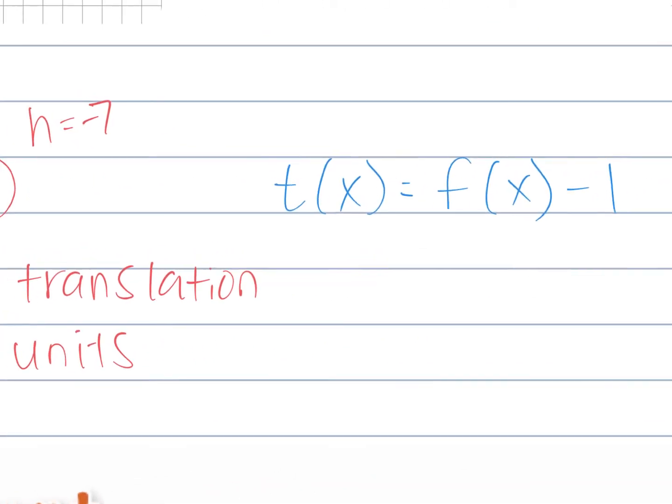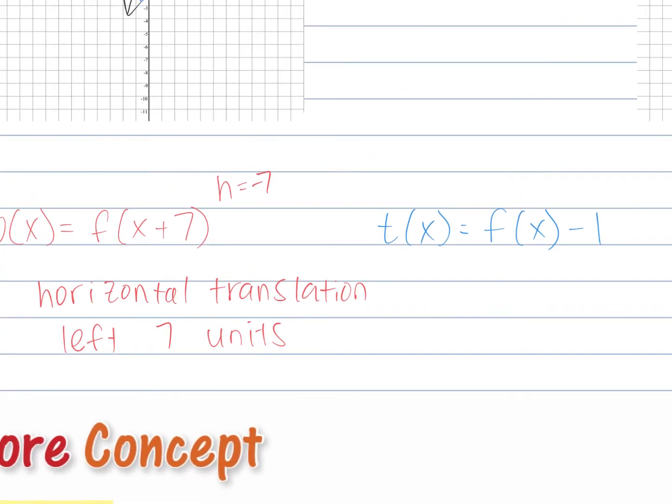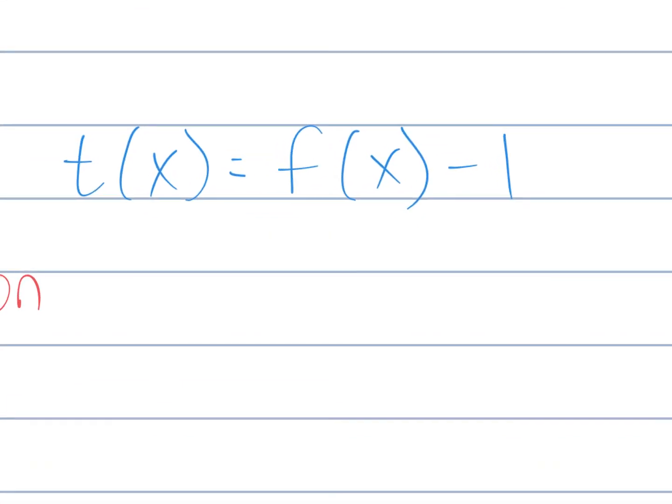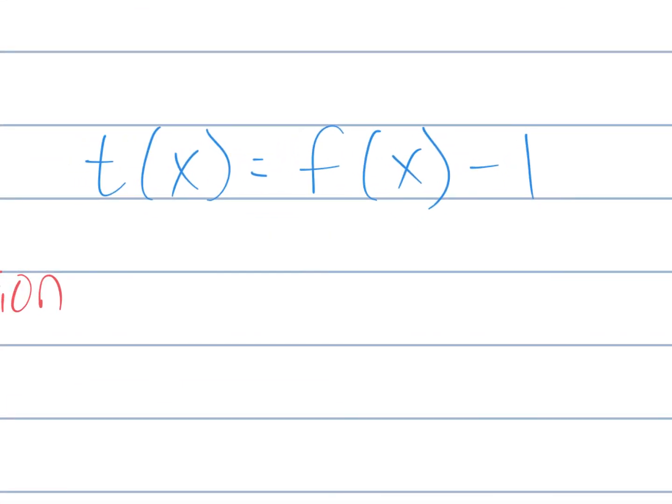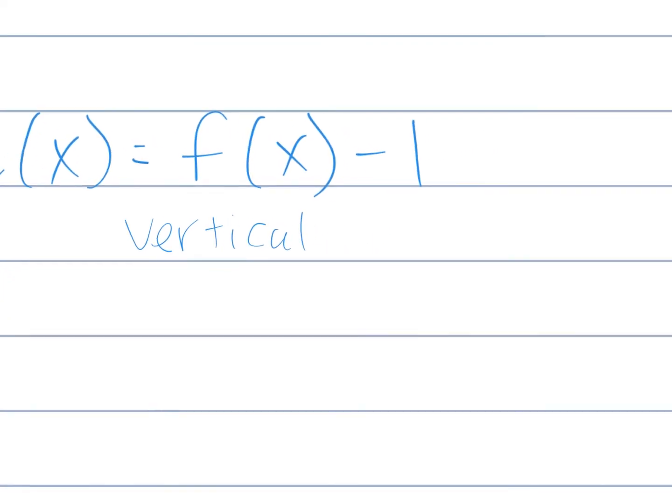Now, in the blue one, are we dealing with opposite world? No. Why not? It's not inside the parentheses. So check it out. First things first, would it be vertical or horizontal for the blue one? It would be vertical. What kind of transformation would it be? Not a reflection. It's a translation. Why is it a translation?